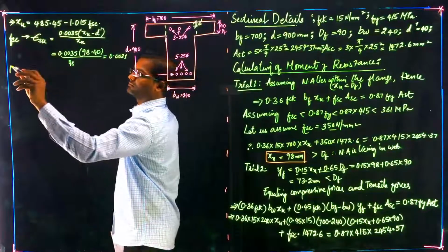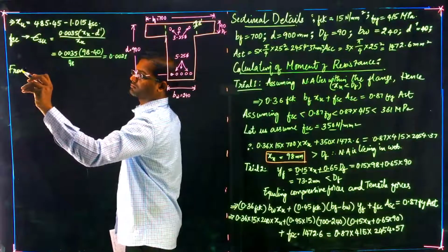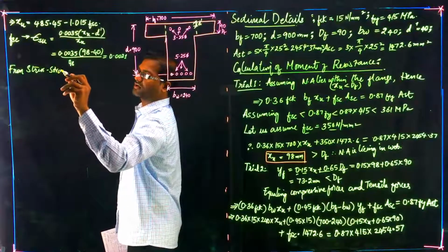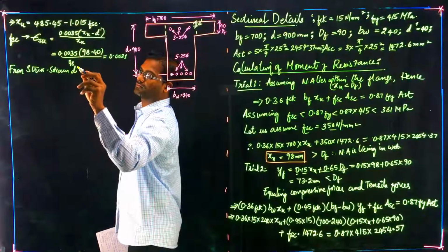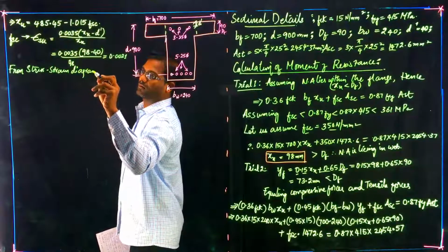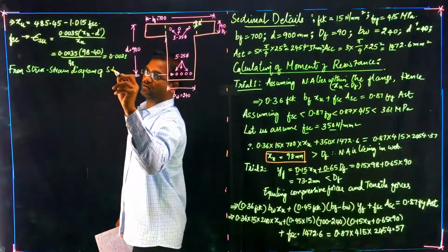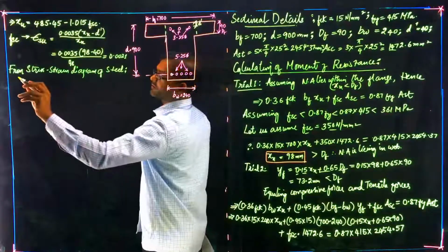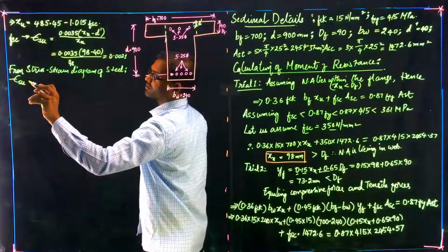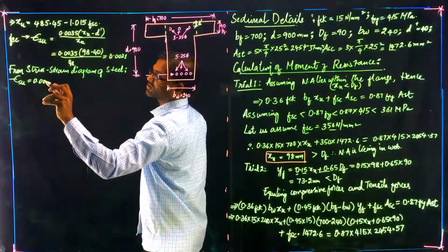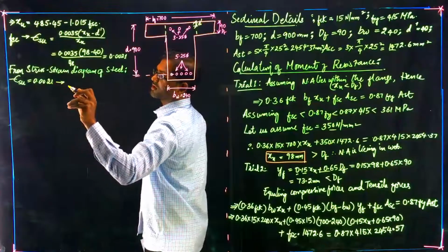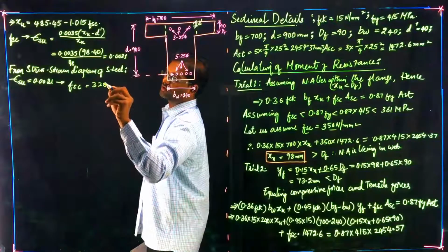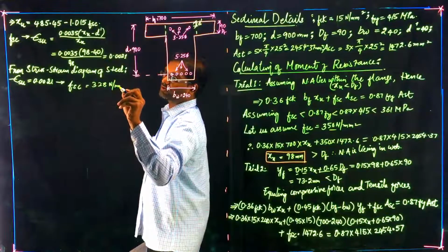So from the stress strain diagram of steel, for epsilon SU equals 0.0021, FSC can be written as 328 Newton per mm square.